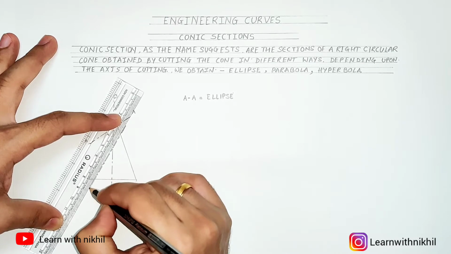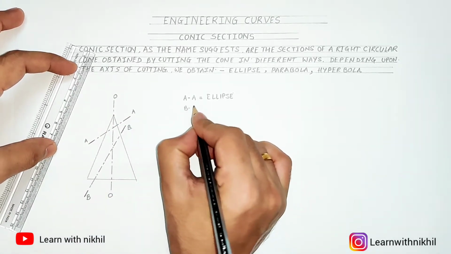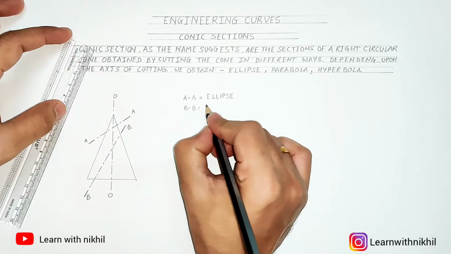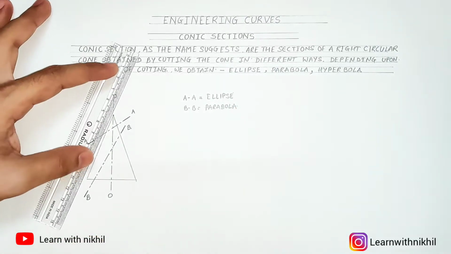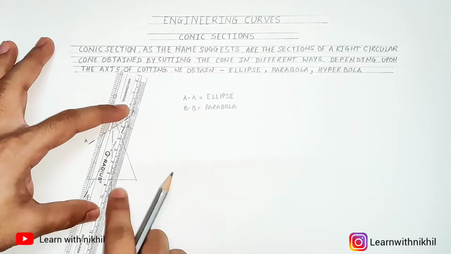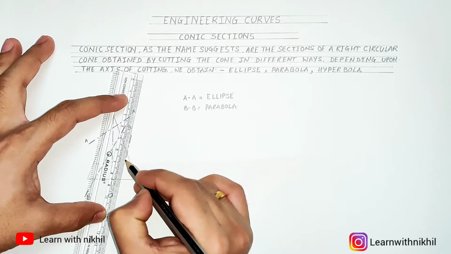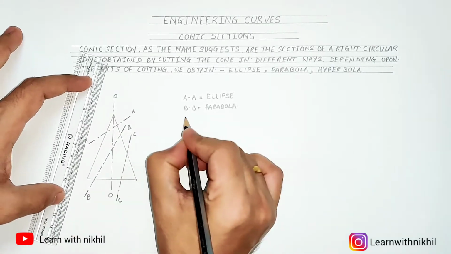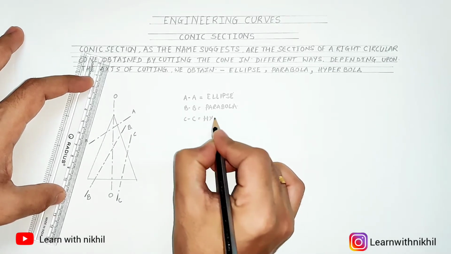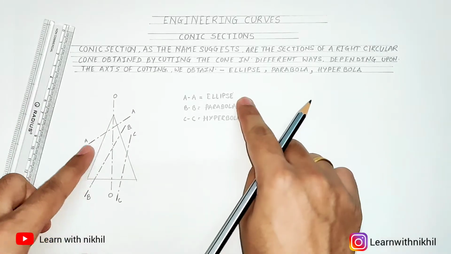I'll mark it as BB. After cutting that, the curve which I will get will be called a parabola. Now the third curve, this is my cutting plane. I'll mark it as CC. If I cut through this, the curve which I will get will be called a hyperbola.